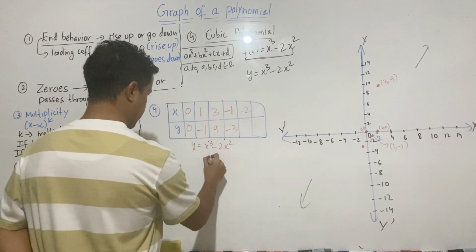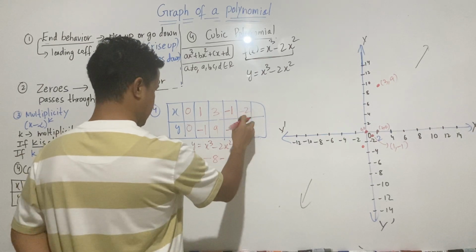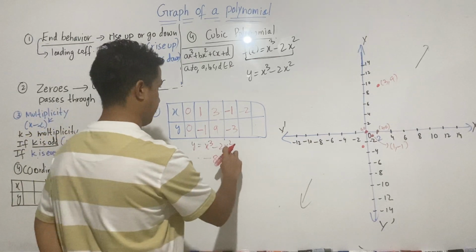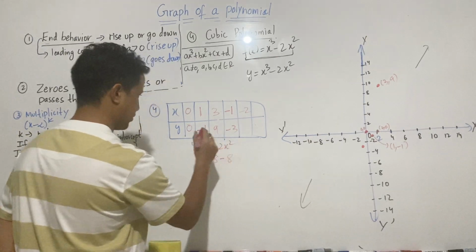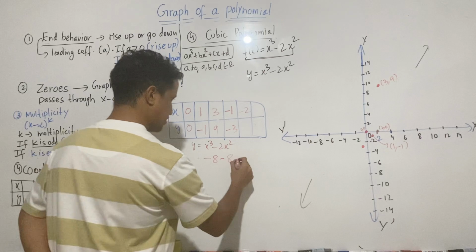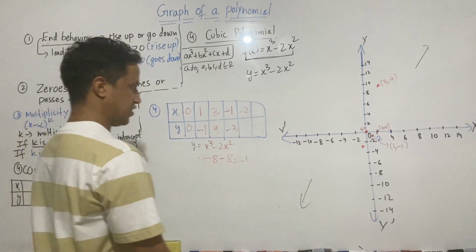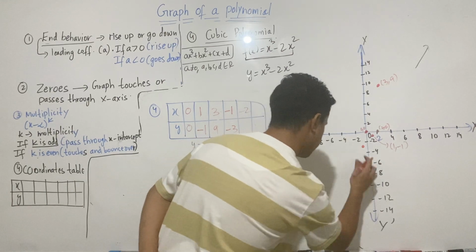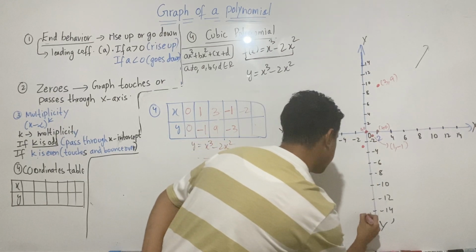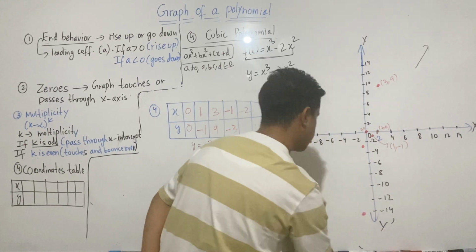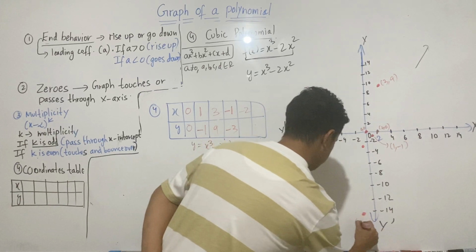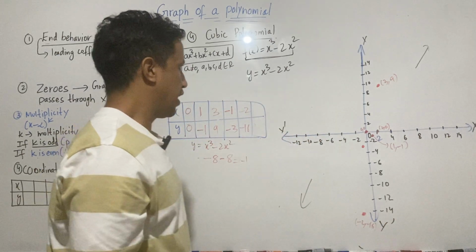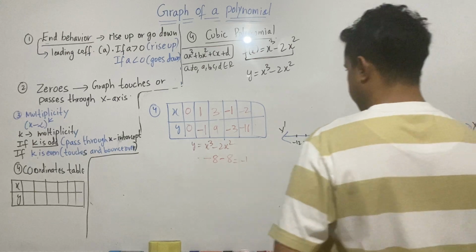This is going to be minus 8 minus 8, right? So minus 16. So minus 2, minus 16 somewhere here.